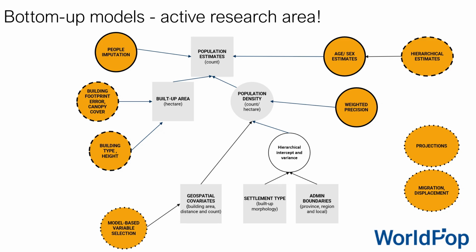This is very much an ongoing, active, evolving research area where the different challenges faced by different statistics offices, different geographical settings, different data types, means that each time we're often having to develop new types of approaches and new components, whether it's thinking about migration or displacement, or building in the situation where buildings cannot be seen through canopy cover.